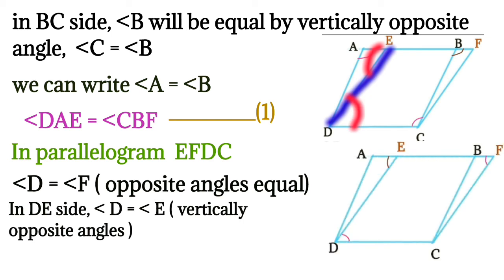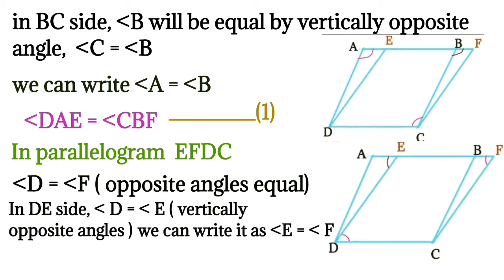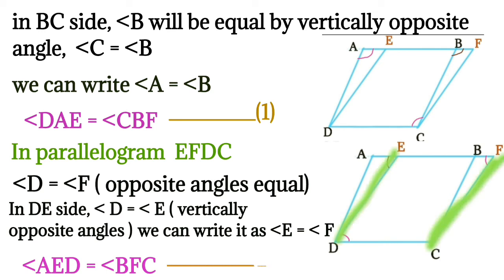It means angle E is equal to angle D. We can see in two triangles angle E is equal to angle F. So we can write angle AED is equal to angle BFC. Here also the two angles become corresponding angles, that is DE parallel to CF and AF is a transversal. By taking corresponding angles also you can show equal angles. I am showing here two methods for getting equal angles.